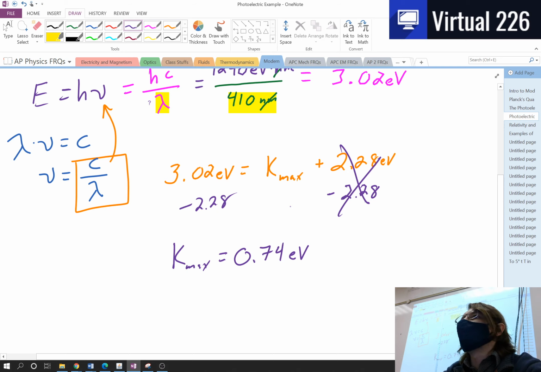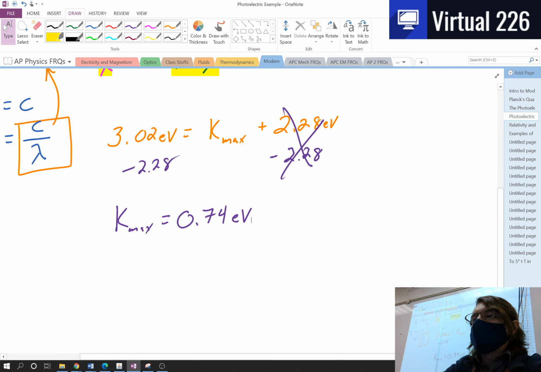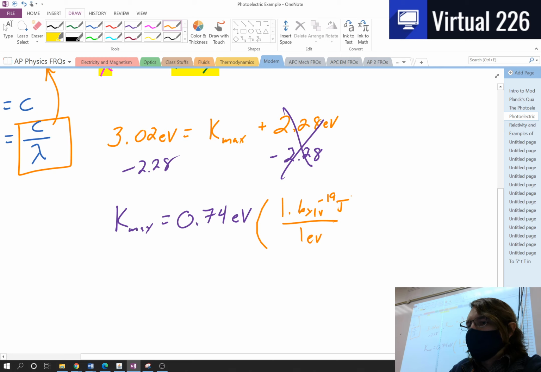Now, if we want to put that back to joules in order to get a velocity at the end, because eV aren't an SI unit, all we have to do is multiply by a conversion factor. We know there are 1.6 times 10 to the negative 19 joules in 1 eV. We learned that way back when we talked about electrostatics and electromagnetism.